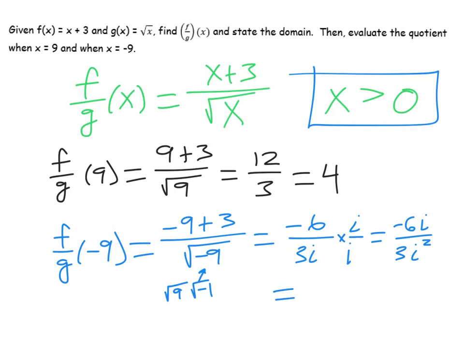This takes us back to last unit when we did some operations with complex numbers. I get -6i over 3i squared, and i squared is -1, so just -3. And I end up getting positive 2i. So even -9 is not in the domain. It gives me an answer, but it wasn't real. And again, for a number to be in the domain, it's got to give you a real answer.